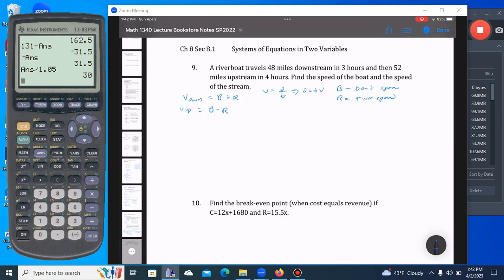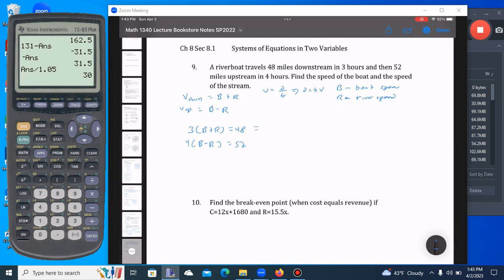So downstream, your velocity is b plus r, and your time is 3 hours. And you go a total of 48 miles. And for your upstream, your time is 4 hours, your speed is b minus r, and you're going 52 miles.